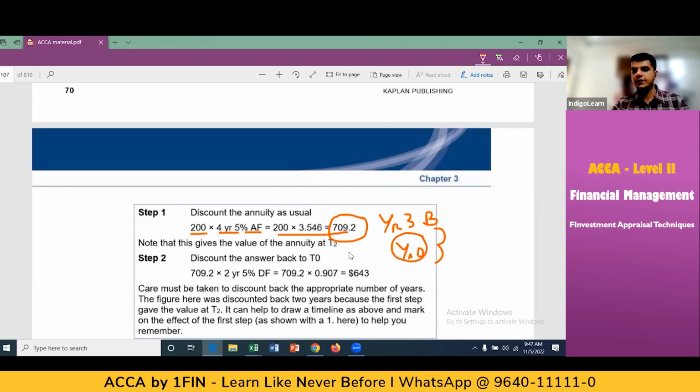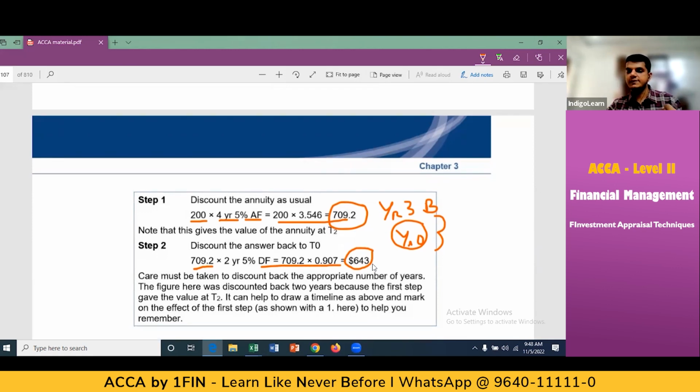So 2 discounting factors you have to put: that is 709.2 into the 2 year 5% discounting factor, 0.907. You will get the answer 643. $643 received today is equivalent to the amount that we'll be paying after 3 years, for the next 4 years, 200 rupees if we pay.